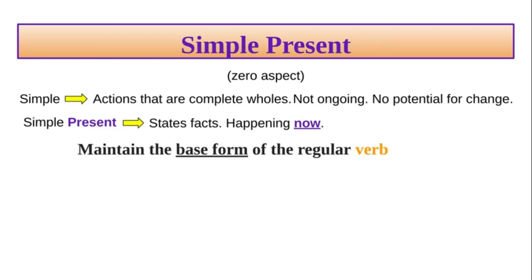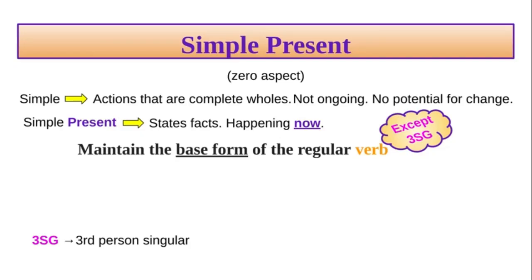When a regular verb is conjugated in the simple present, it remains in its base form. And here's an exception: the third person singular. To modify the verb to agree in the third person singular, we're going to need a suffix.